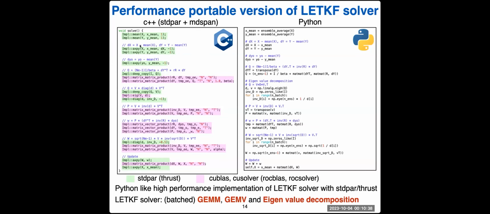The green part is written in std_par or thrust, and the red part is written in the cuBLAS solver or rocBLAS solver. The LETKF solver actually uses the batched version of gemm and gemv and eigenvalue decomposition here. So this is relatively simple if you use libraries.